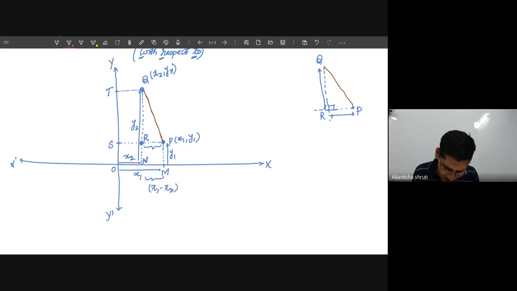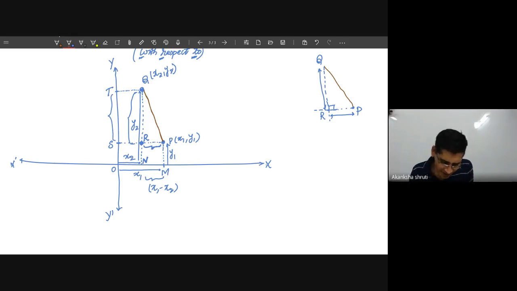This way we have determined this length, means this length is now known to us. Similarly, we have to determine this much length also. Now we have to determine Q and R. So how to get this length, Q to R? It is this much length, the same as this much length.